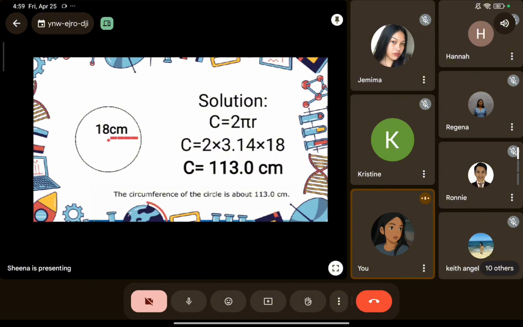Next, C equals 2 times 3.14, which is the pi, times 18, the radius. So 2 times 3.14 times 18 is equal to 113.0 cm. The circumference of the circle is about 113.0 cm. Did you get it?